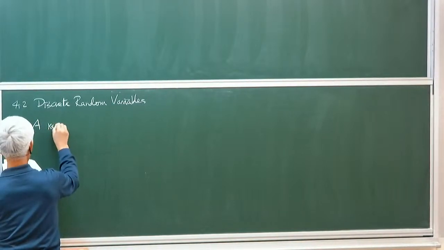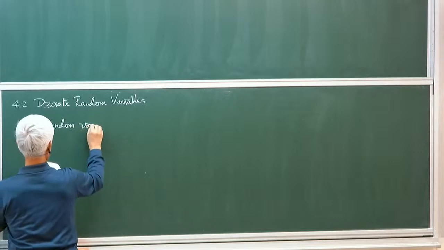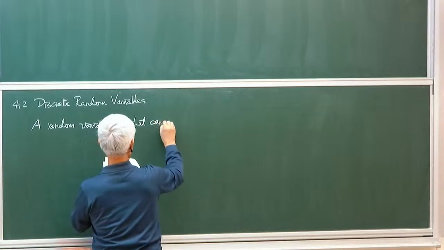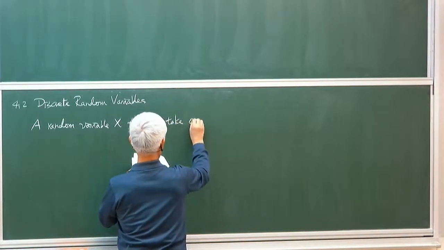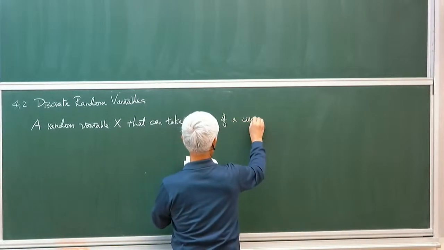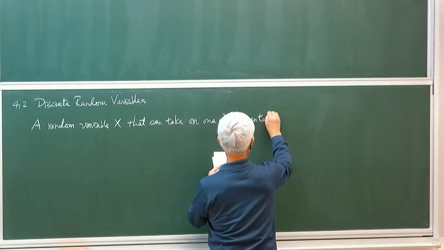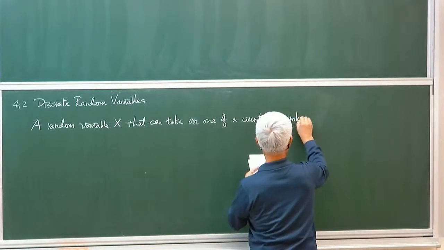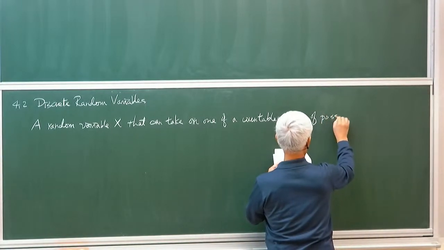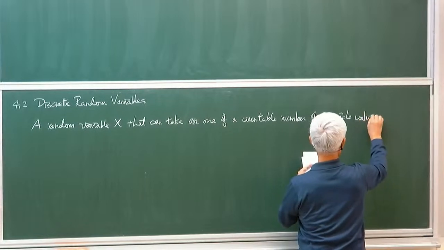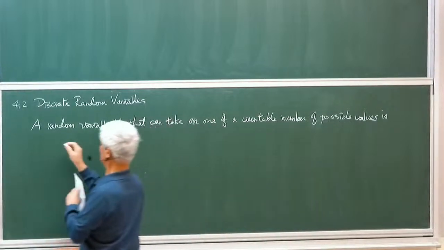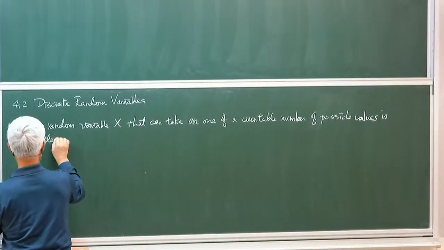A random variable x that can take on one of a countable number of possible values is called discrete.